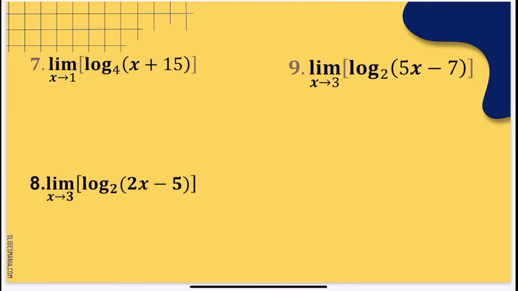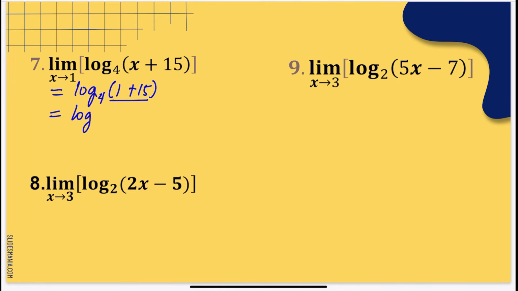Number 7. The limit of the logarithm of x plus 15 to the base of 4, where x approaches 1. So x will become 1. So the logarithm of 1 plus 15 to the base of 4. Simplify this.